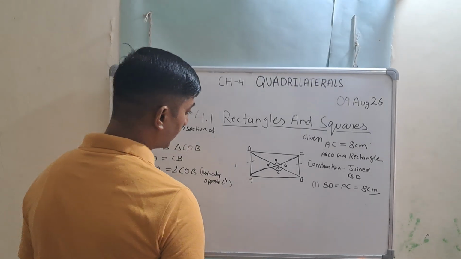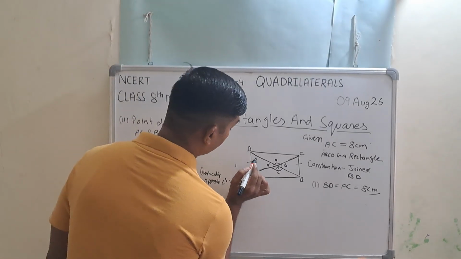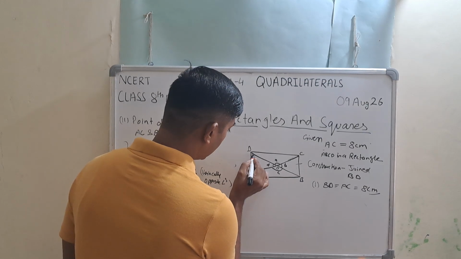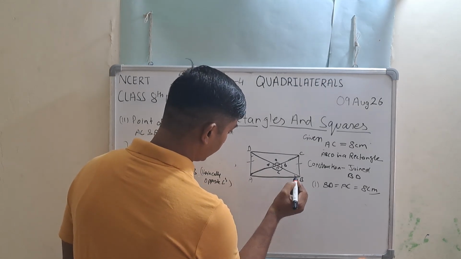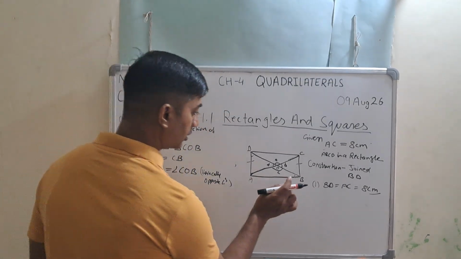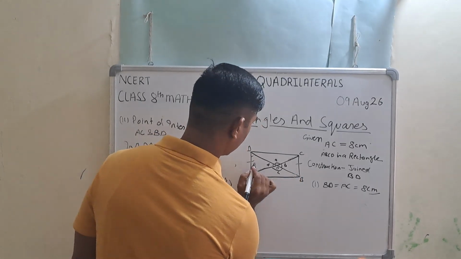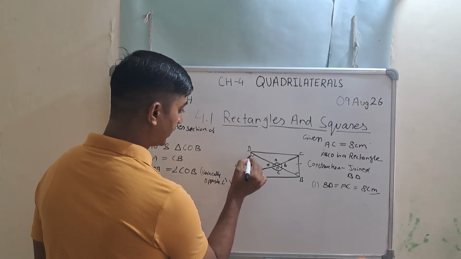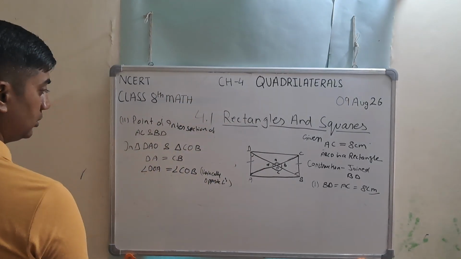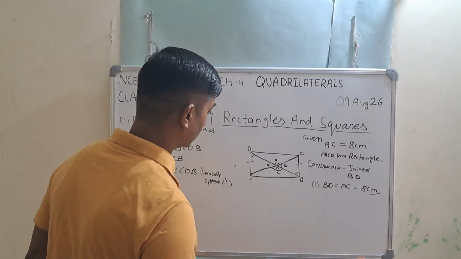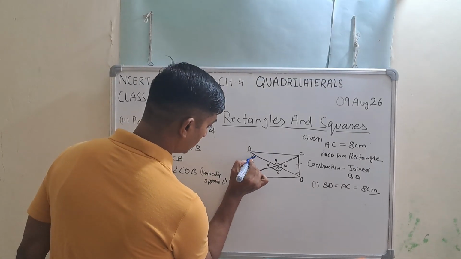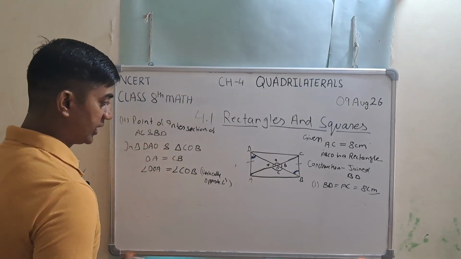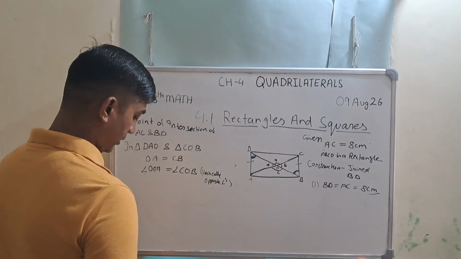Now see, we will check about this angle and this angle. Now you can see clearly. What is the relation between this angle and this angle?